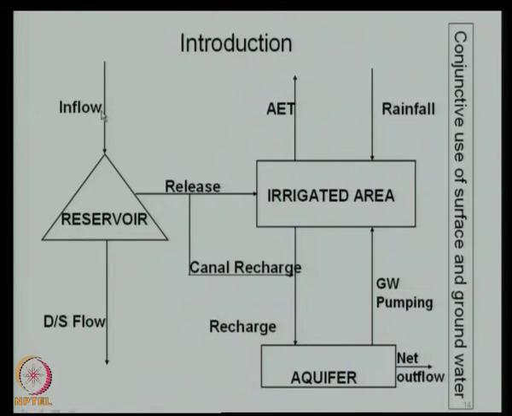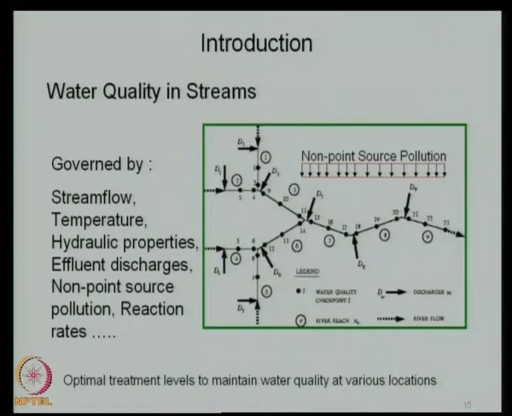So, this is the conjunctive use system, and what kinds of questions we ask in building a systems model, etc., I will discuss presently in slightly greater detail. Then you have water quality in streams.